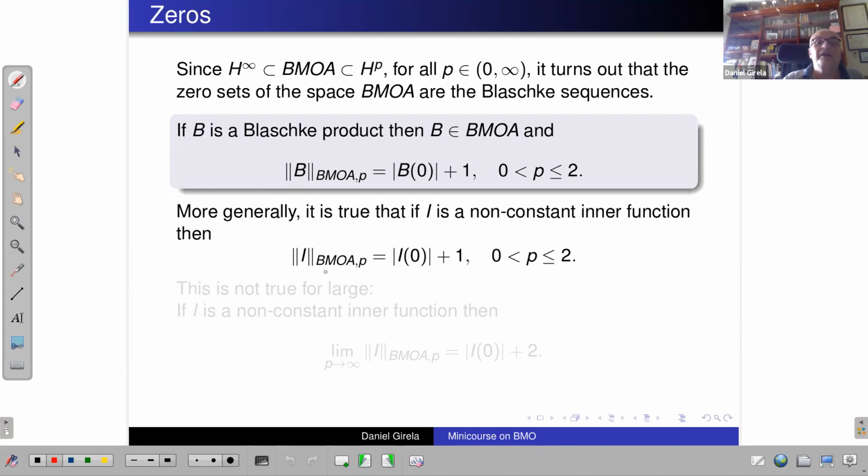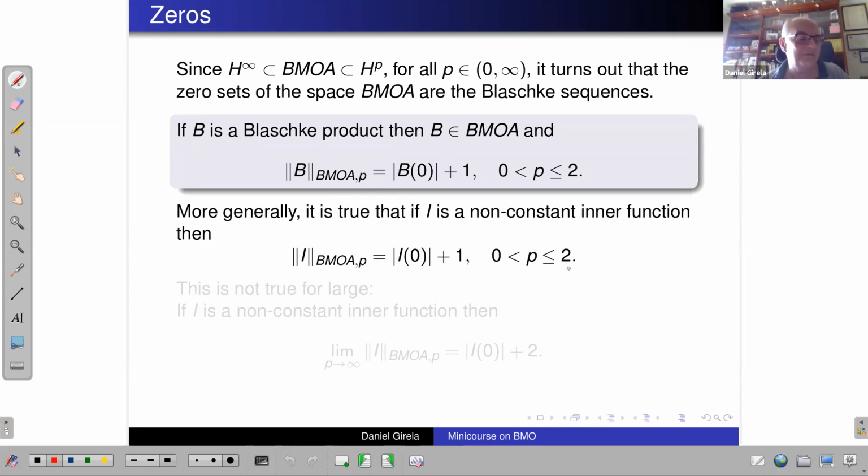An inner function is a function with H infinity norm at most 1, whose boundary values have absolute value equal to 1 almost everywhere. For any inner function, we can prove that the BMO norm of that inner function is exactly this. But this works only for P smaller than or equal to 2.